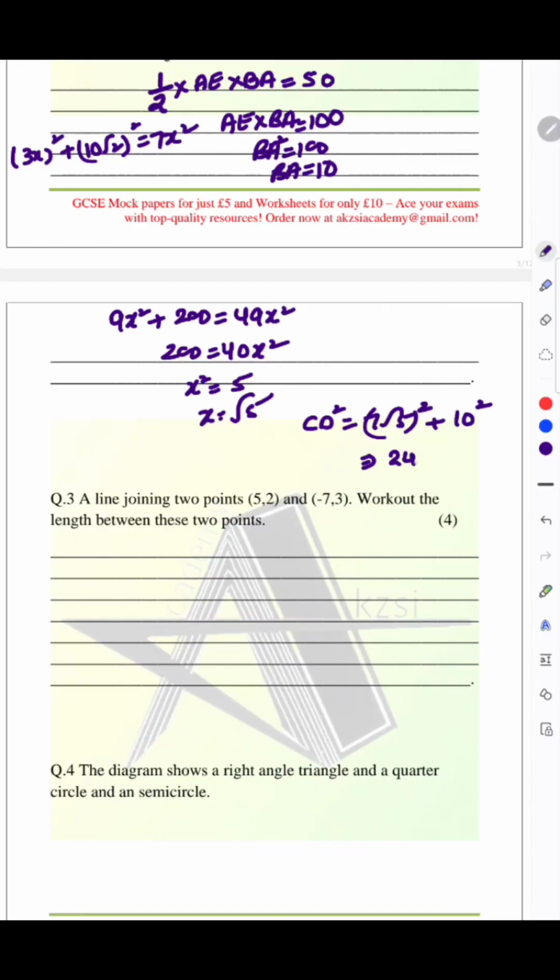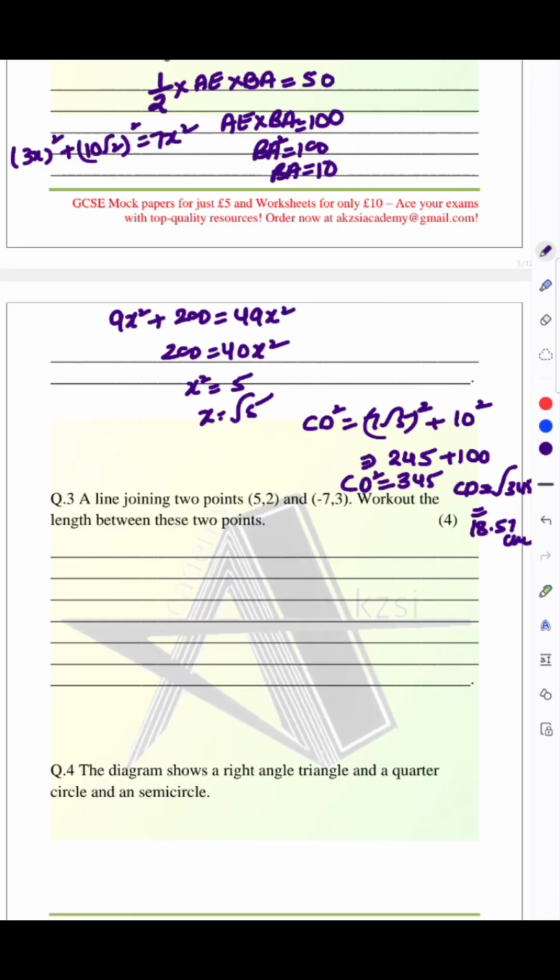So that will give you 245 plus 100. The answer is 345 for CD squared. So on taking the root of 345, we'll get the answer as 18.57 centimeters.